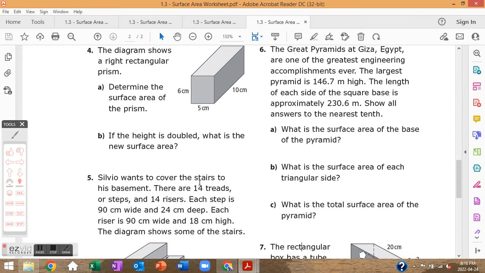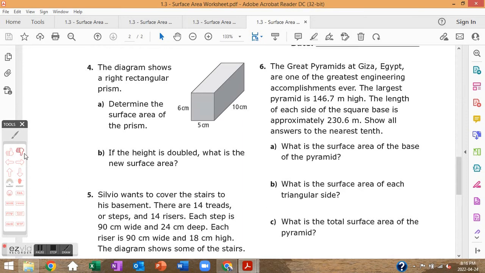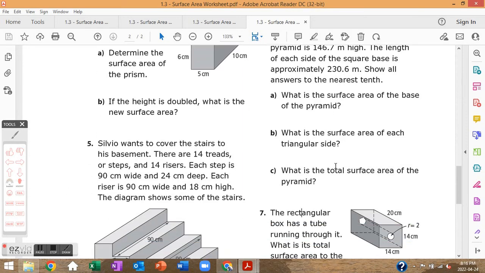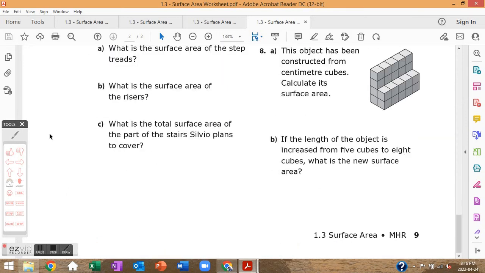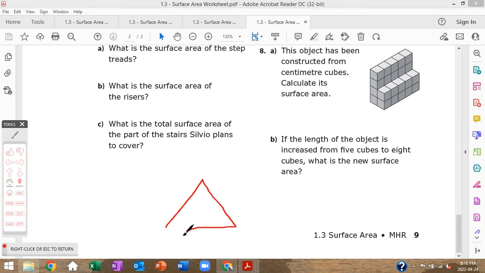This is going to require that we do a little bit of work with this one. I think I have some space down here. If we were to draw one of those sides, each of the 4 sides is going to be a triangle. Something like this.